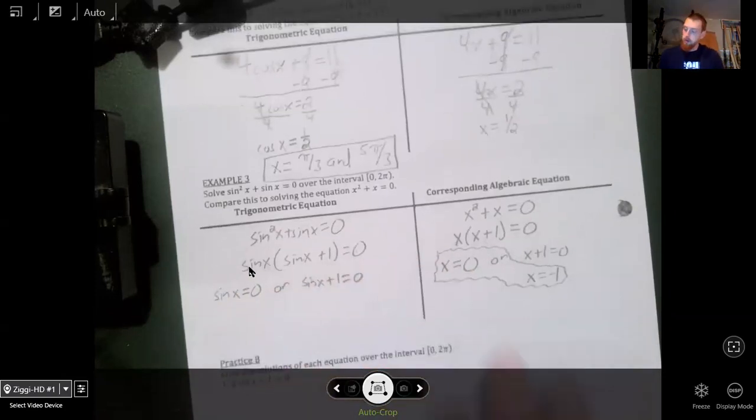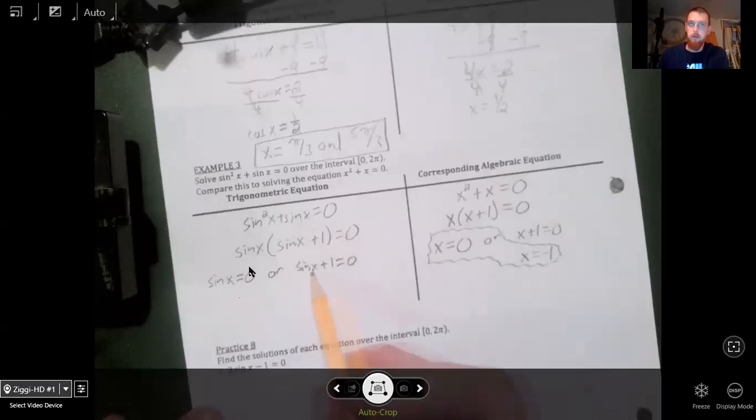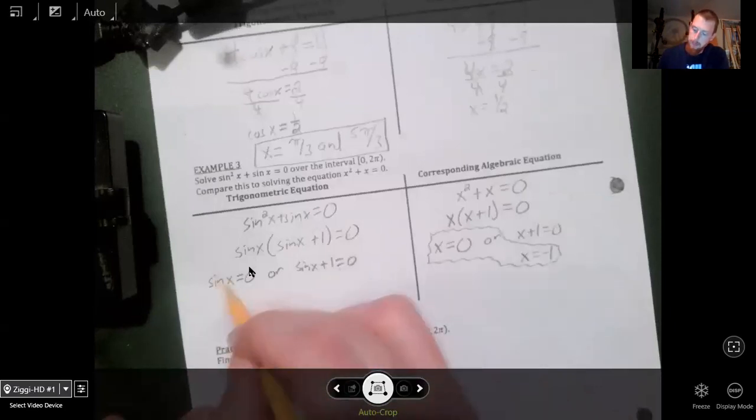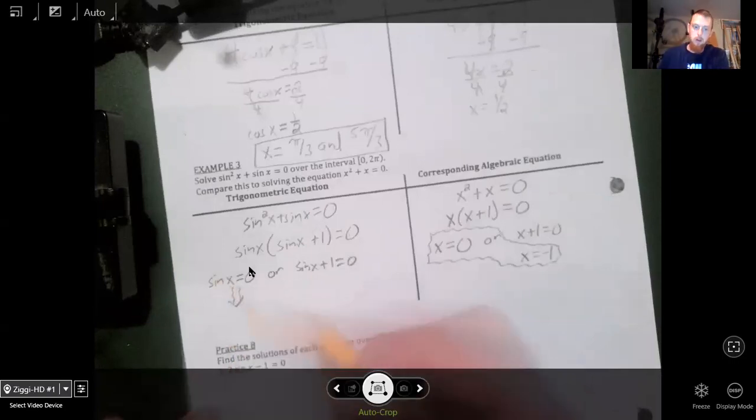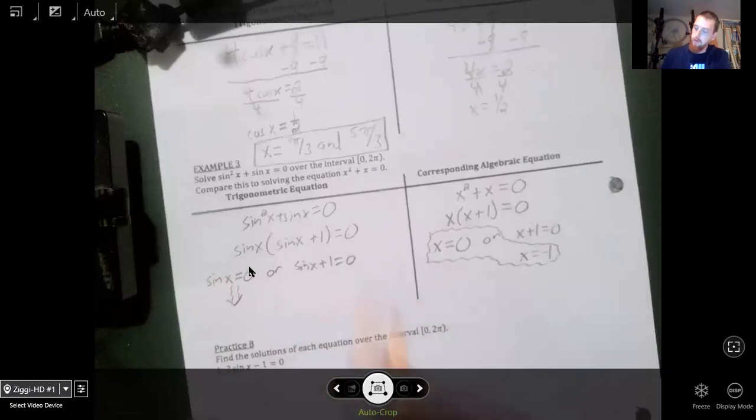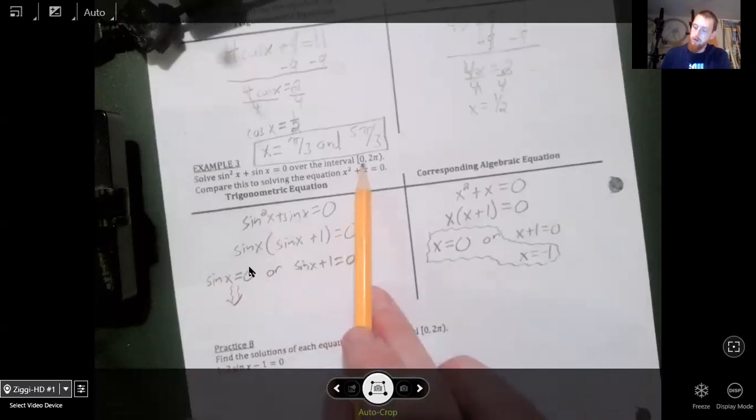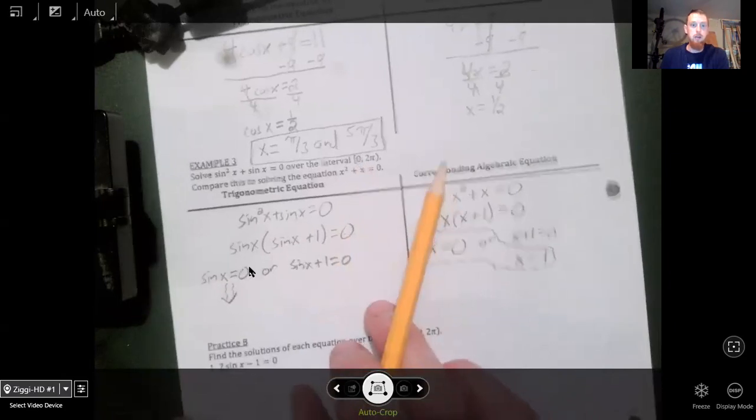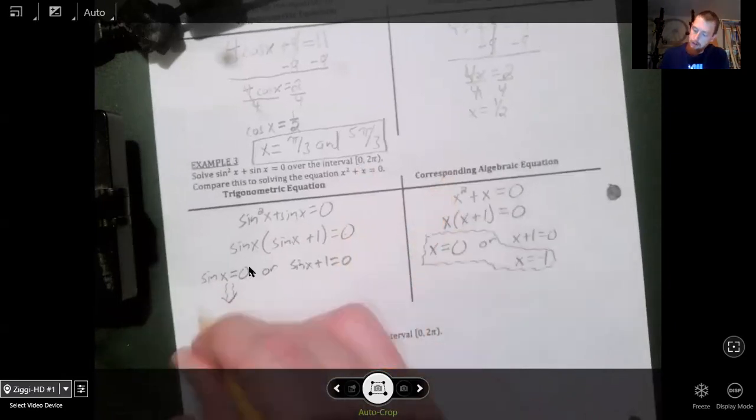All right, so here we actually have to put on our thinking caps a little bit more. From this equation, we need to think, okay, on the unit circle, on the domain from 0 to 2 pi, where are all the places where the sine of that angle is 0? Well, that can happen at x equals 0.